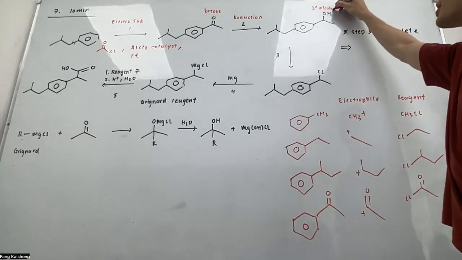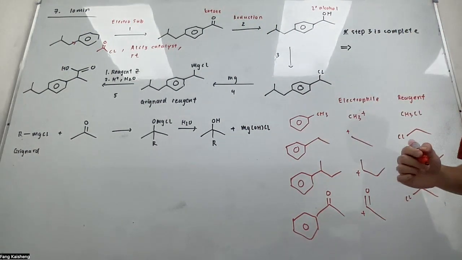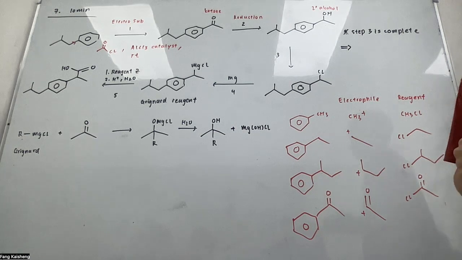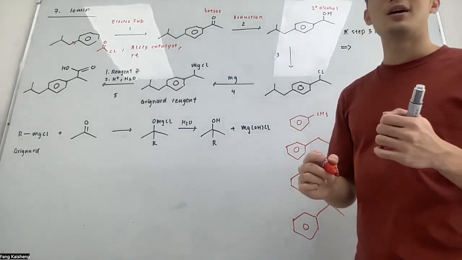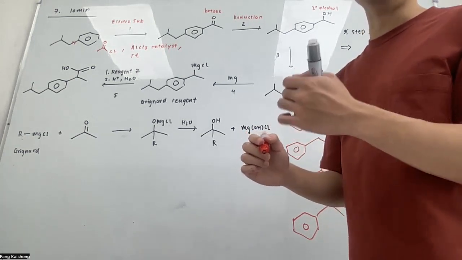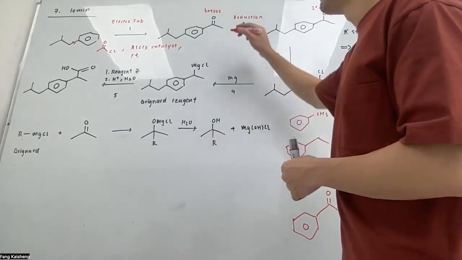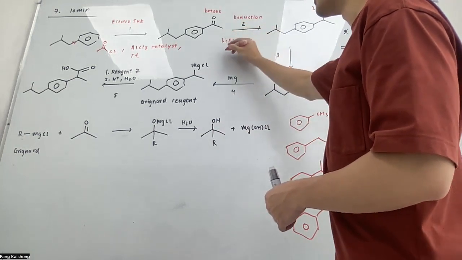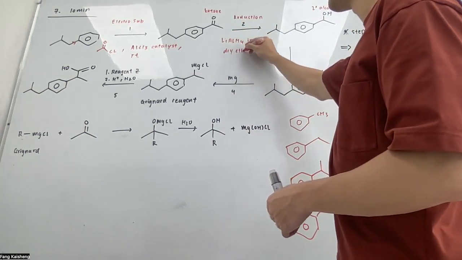So if you reverse the reaction, it's just reduction. For reduction, can you tell me what reducing agent you need to use? I actually told you all one already. Can you remember the reducing agent? Lithium aluminium hydride in dry ether. Finish. That's the answer.